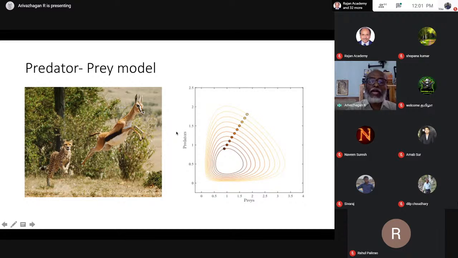Then after this point, the predator population goes on decreasing because it is not related to predation. It is due to natural death of the predators and also the migration of the animals from the forest ecosystem. So it is a closed circle, a closed curve. How I got this closed curve mathematically, I will explain later.